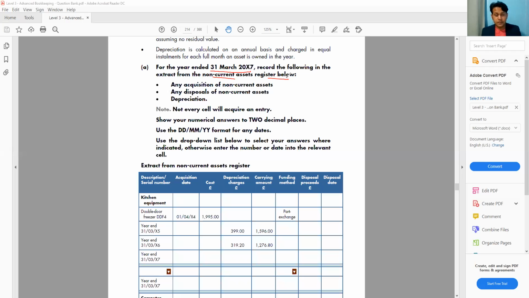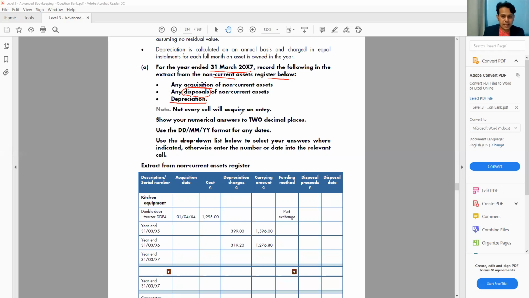Any acquisition of non-current assets: acquisition means purchase. If I buy any non-current asset, I'm going to record it here. Any disposal: disposal means sell. If I sell any asset, I have to record it on the non-current asset register. And the depreciation: if any depreciation is charged, we also have to record it on our non-current asset register.